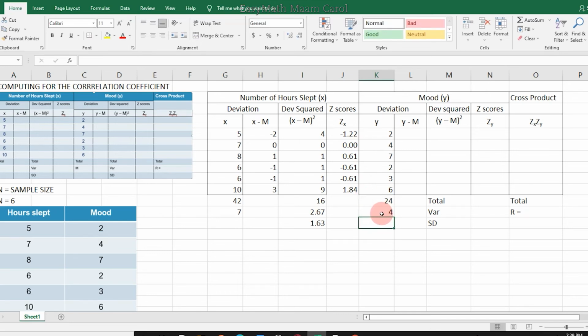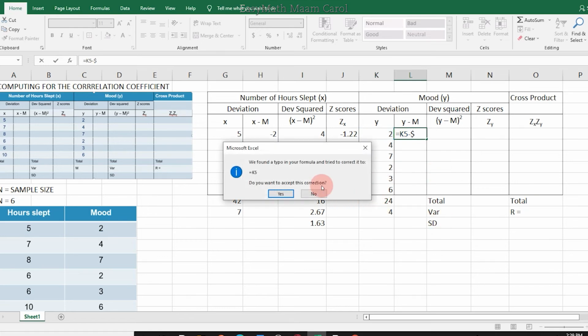So we have 4 as the mean for this. And then for this, we subtract our Y values by the mean we got. So click on that, and then minus. Again, the dollar sign, right? So click, okay.